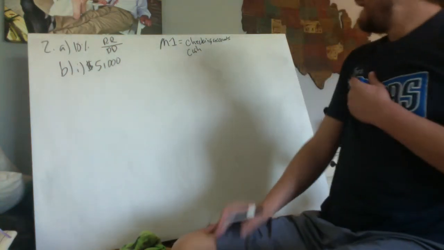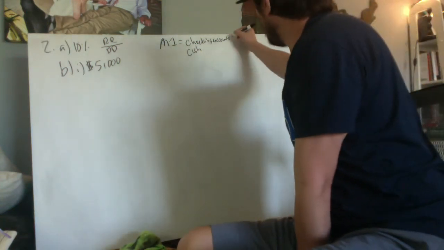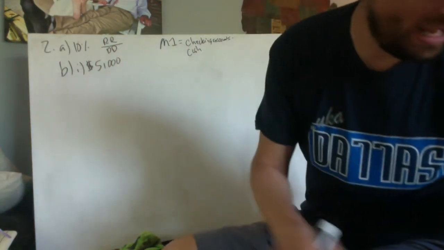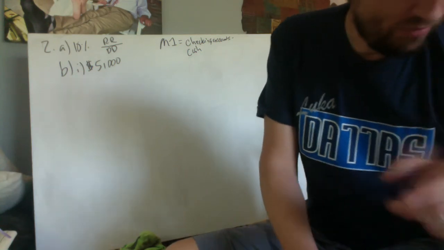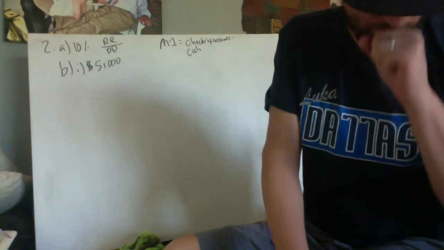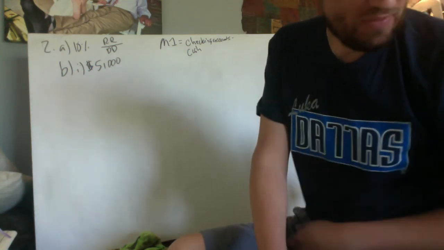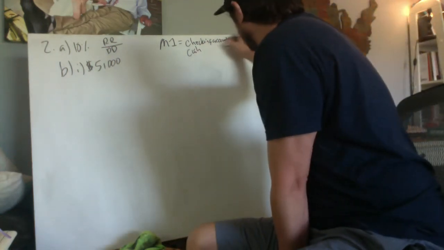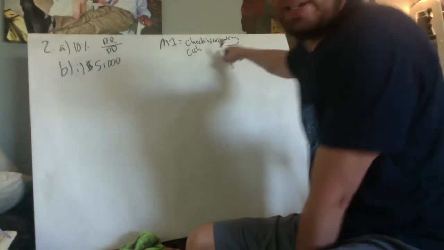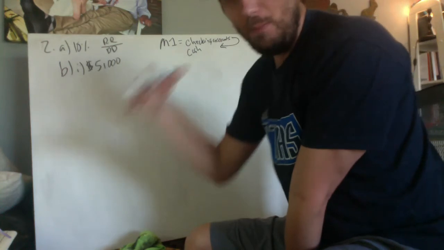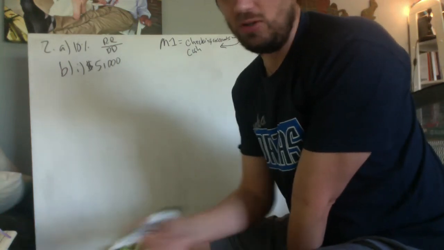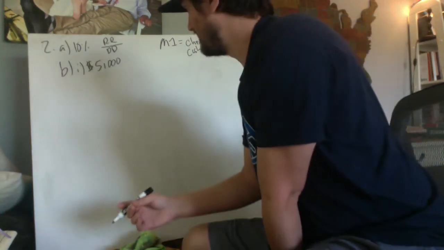So if he takes $5,000 out of his checking account, if you look at B, it says assume Luis draws $5,000 from his checking account. It goes from his checking account into cash. So there's no change. It is moving from his checking account to cash, so it's still M1 money. Okay, it's classified as M1.